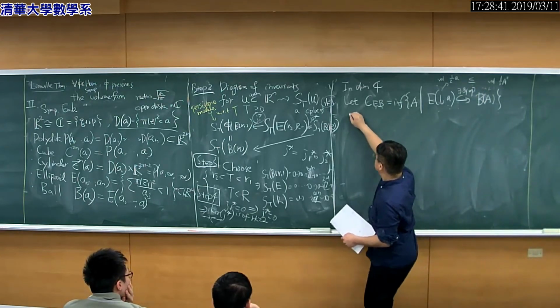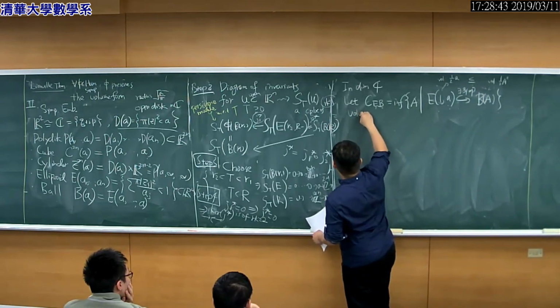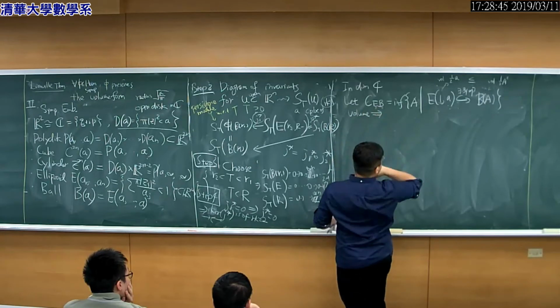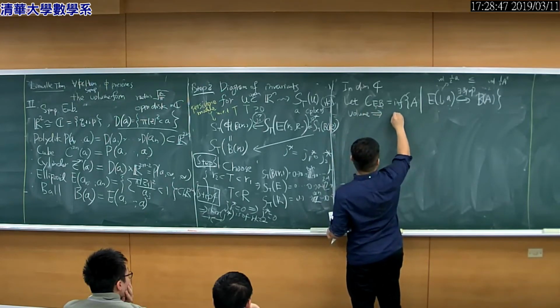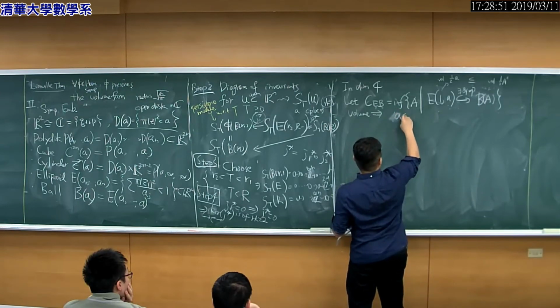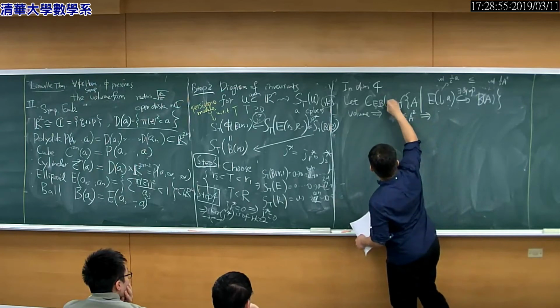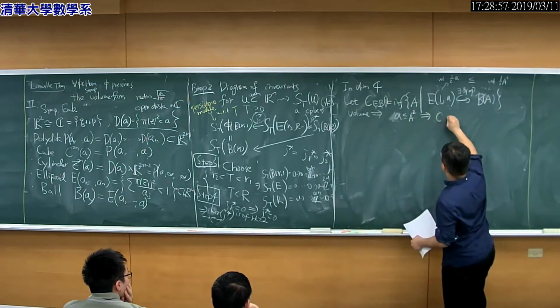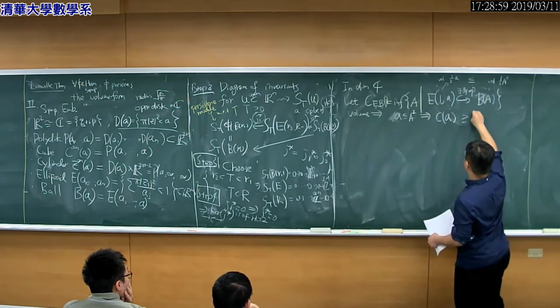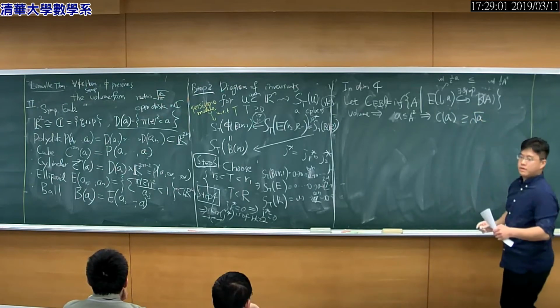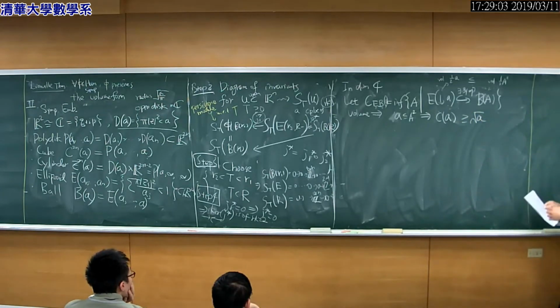The first constraint, the volume constraint, tells you that the A is a function greater than or equal to the square root of A.